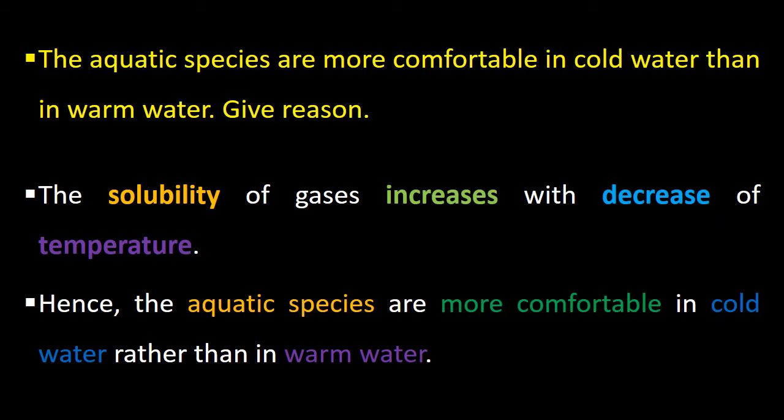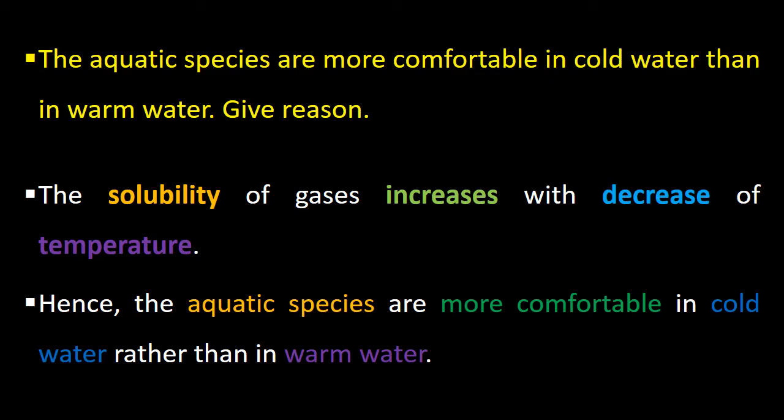The aquatic species are more comfortable in cold water than in warm water. Give reason. Because the solubility of gases increases with decrease of temperature. Hence, the aquatic species are more comfortable in cold water rather than in warm water.